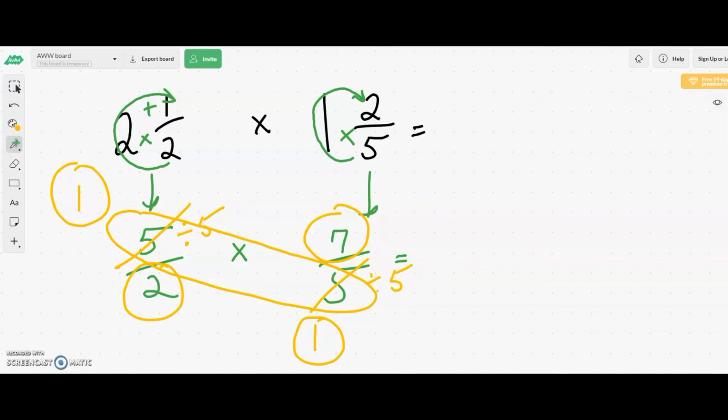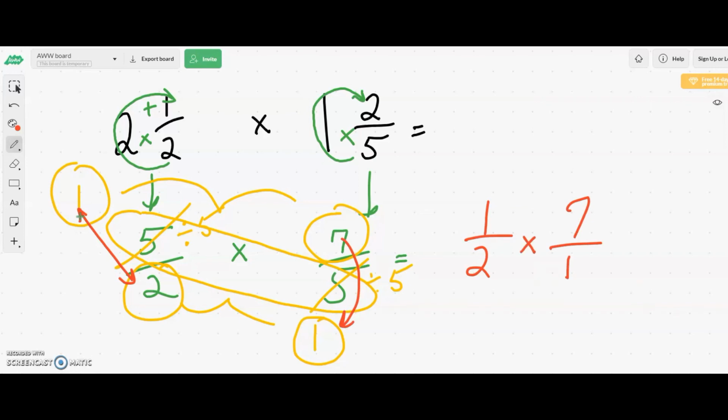Now, you can multiply right across the top and right across the bottom. Or, if I was going to rewrite the problem, which I don't expect you to, you can do 1 over 2, because that's what this stayed as, and 7 over 1, because that's what this became.